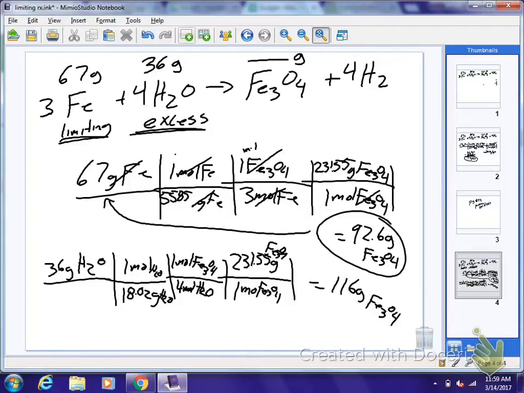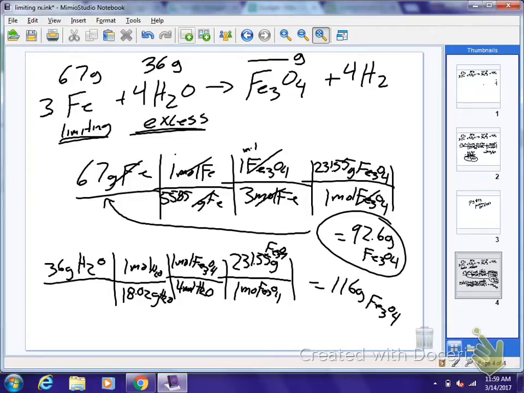So that's what I want you to do on the last setup. I want you to do a setup that takes your limiting, your grams of iron, and then goes to grams of water. So you've got all the information in these 2 setups. All right? If you want to write both setups down, like it's up here, first, do that. Because if you look back over your notes, you only have 1 setup, and then you're like, well, how did I figure that out?